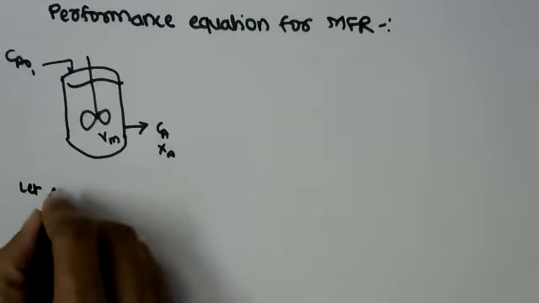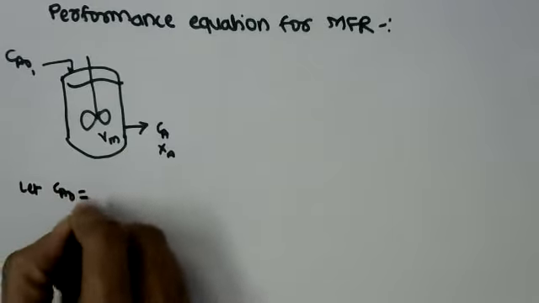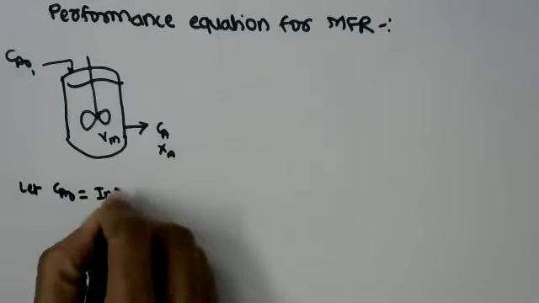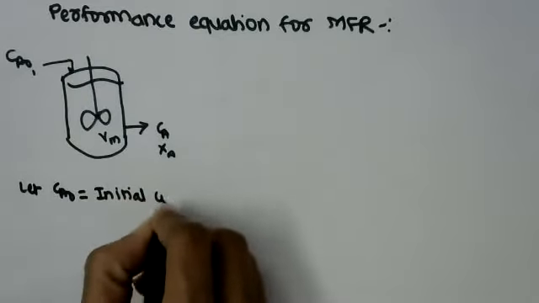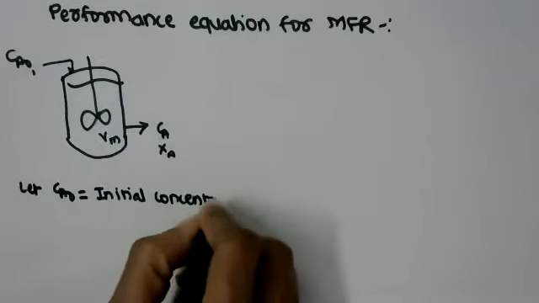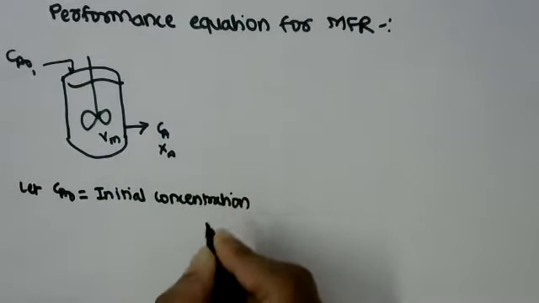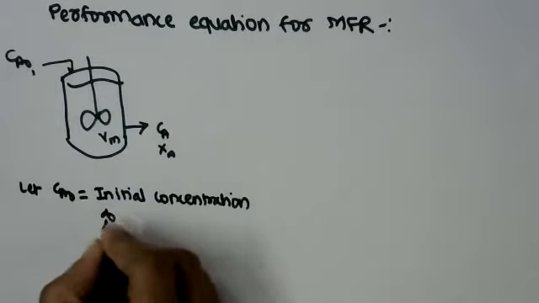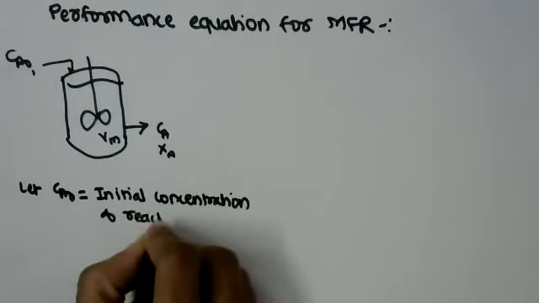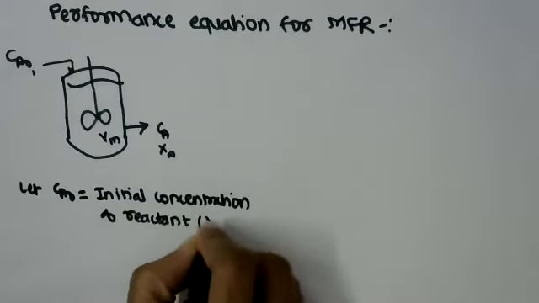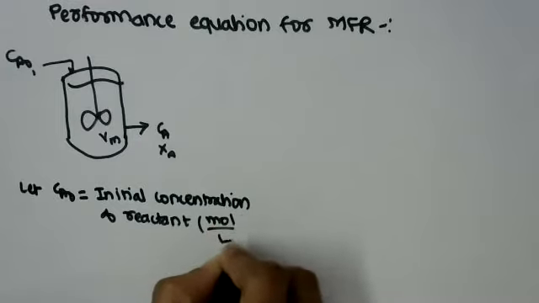Let Ca0 be the initial concentration of reactant in moles per liter.